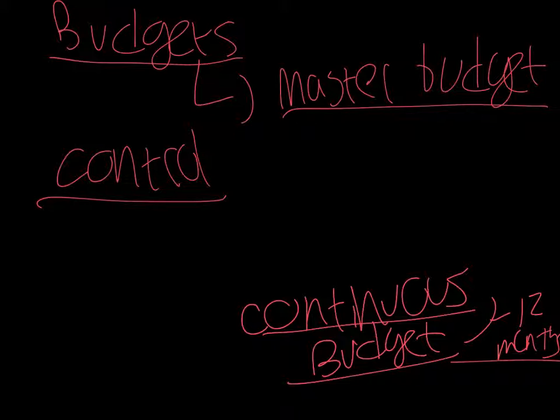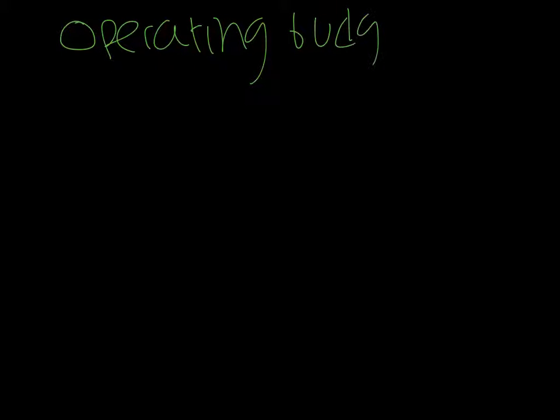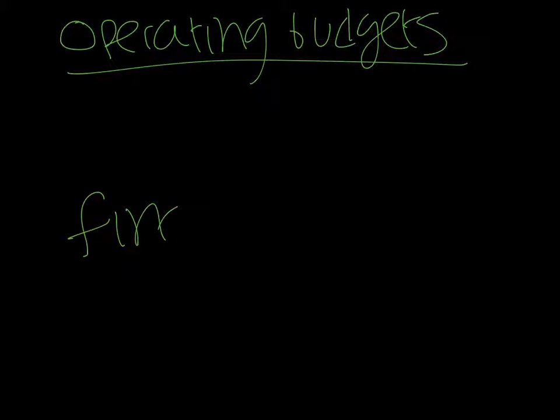Next, we'll discuss the two main and different types of budgets. The two main types of budgets are operating budgets and financial budgets.